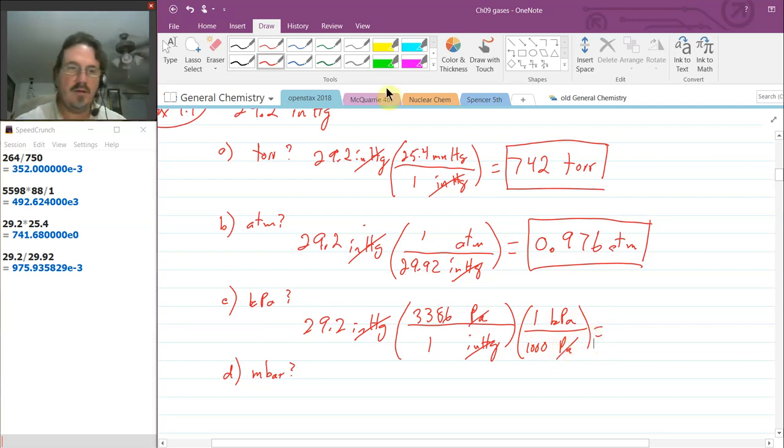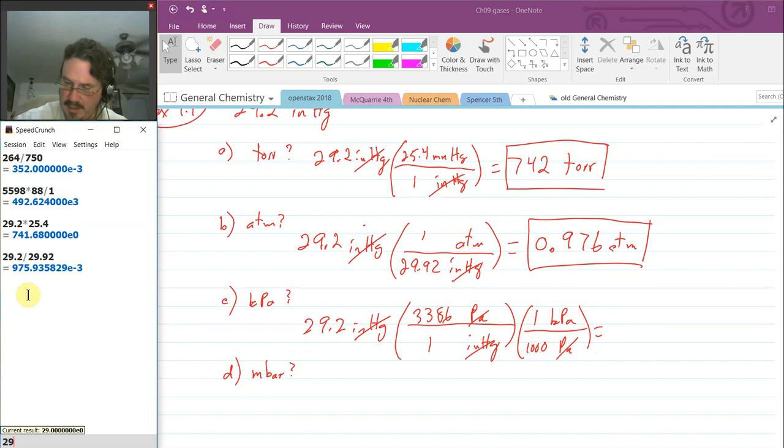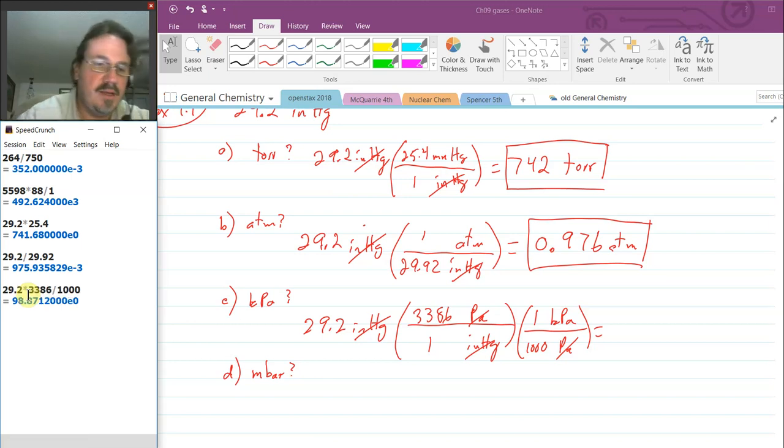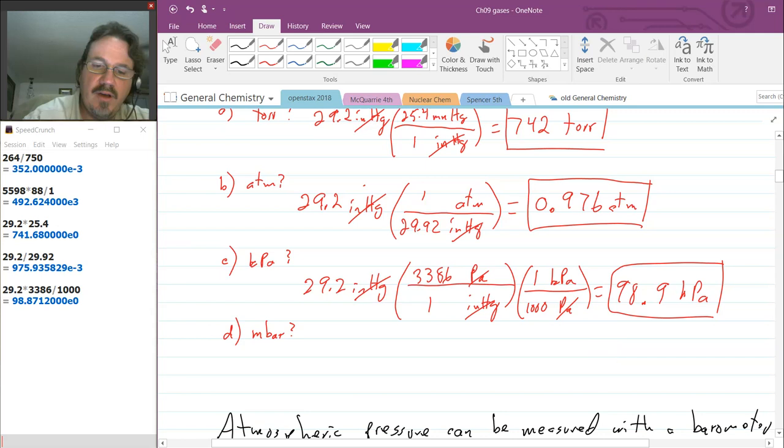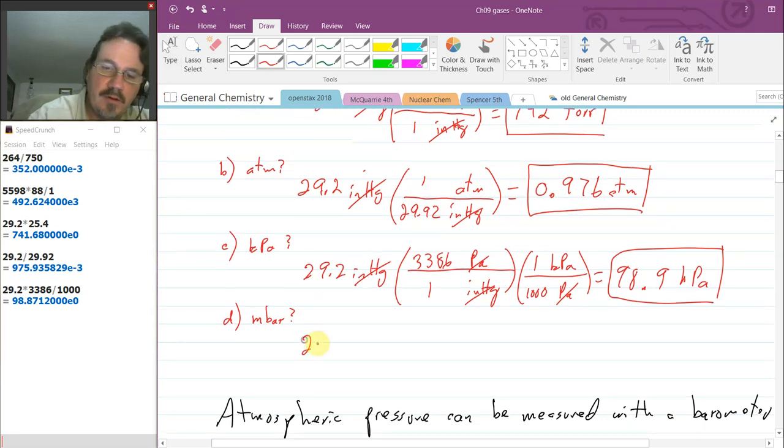All right, back to the calculator. 29.2 times 3386 divided by 1 times 1 and then divided by 1,000 equals 98.87. So 98.9 kilopascals.